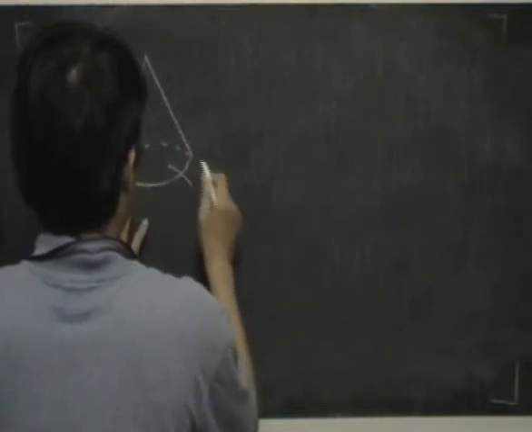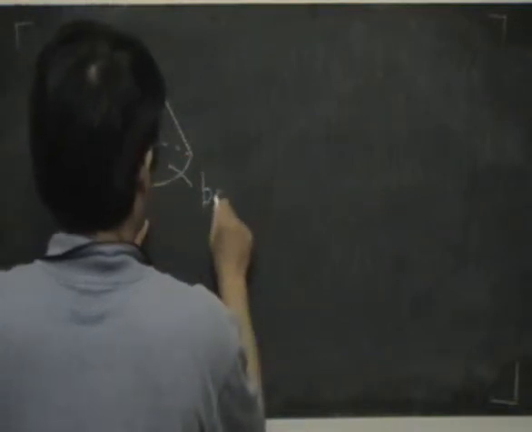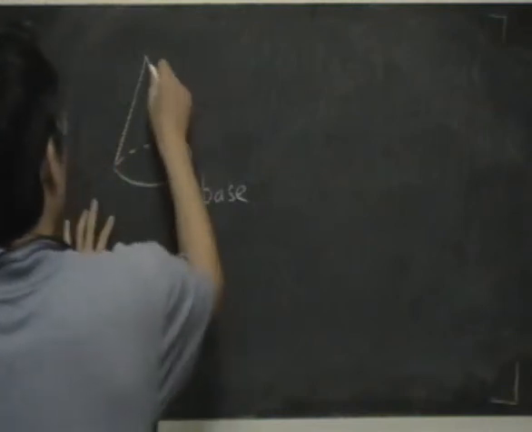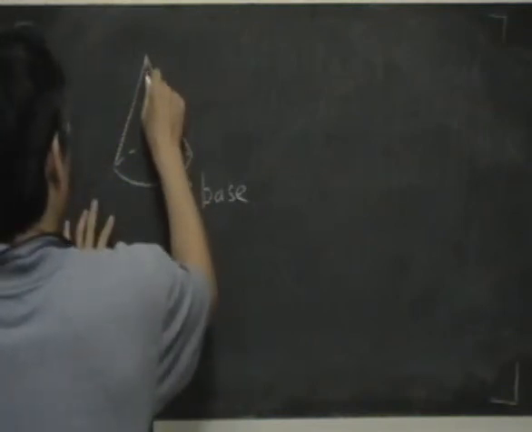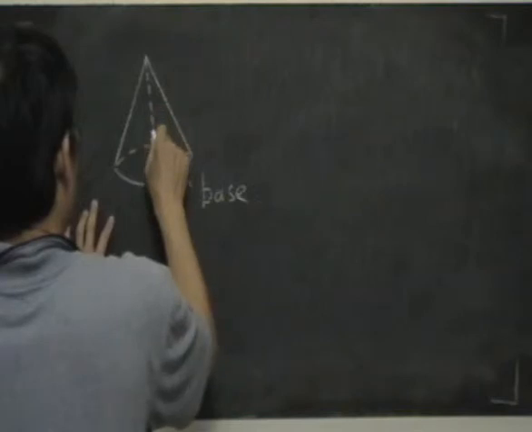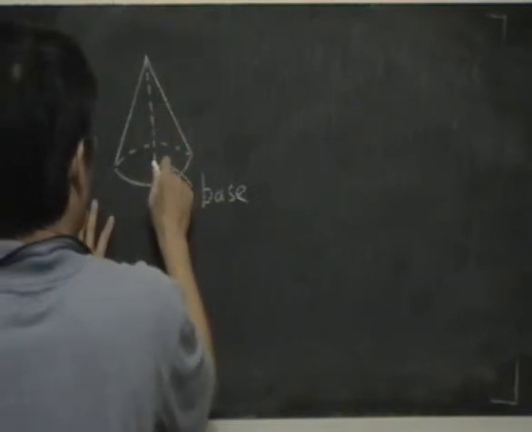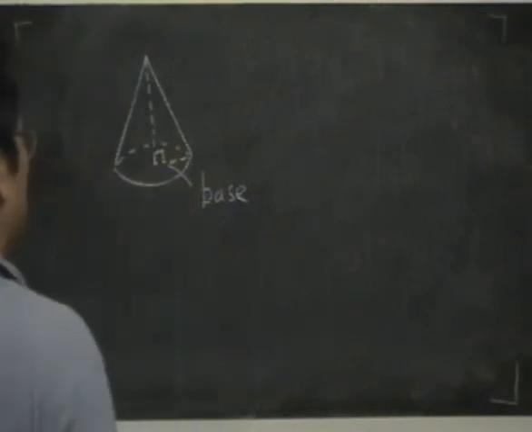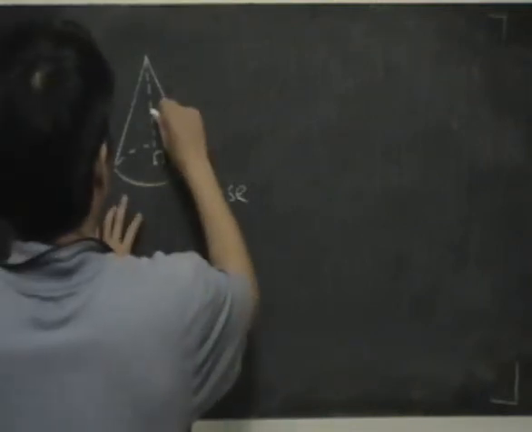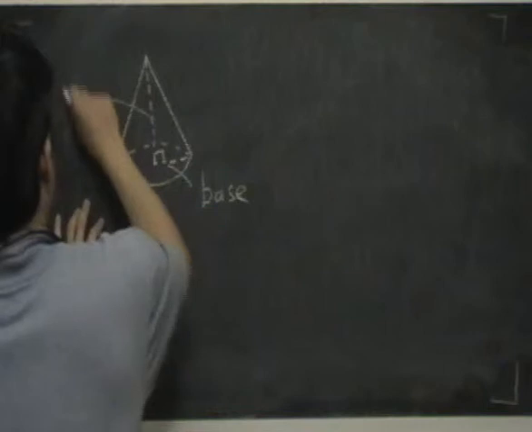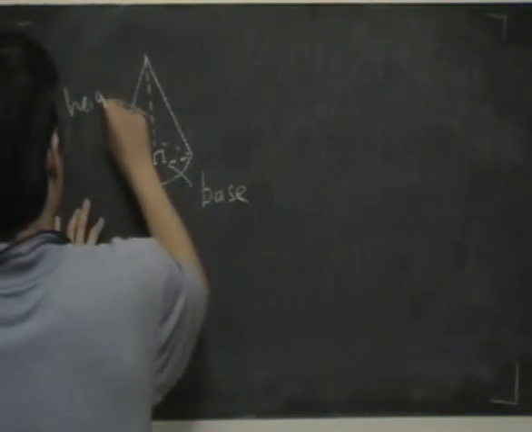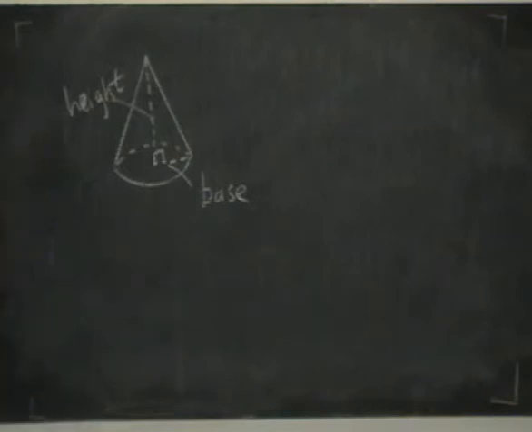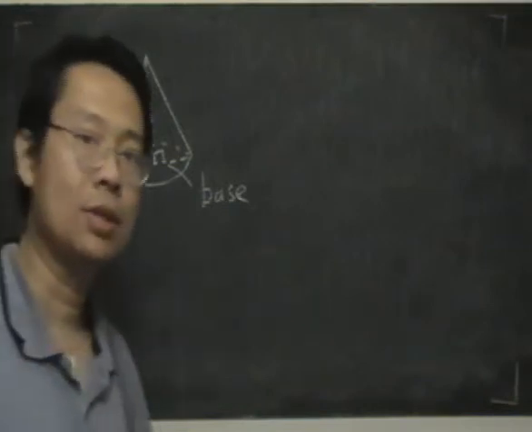So that's the base. Now I'm going to draw a vertical line down to the base. Okay, and that's the height. Okay, so that's a cone.